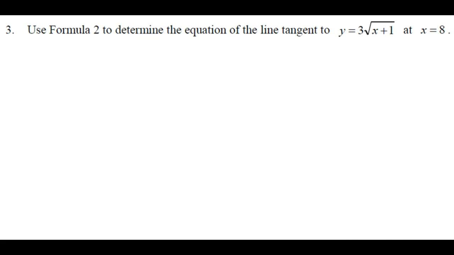What's next? Use formula 2, which is actually kind of the better formula, to determine the line tangent to y equals 3 root x plus 1 at x equals 8. So what do we need to find first? The slope. How do we find the slope? We're going to use formula 2. What's formula 2? I wrote that down here.